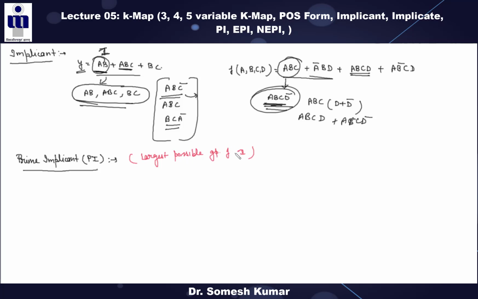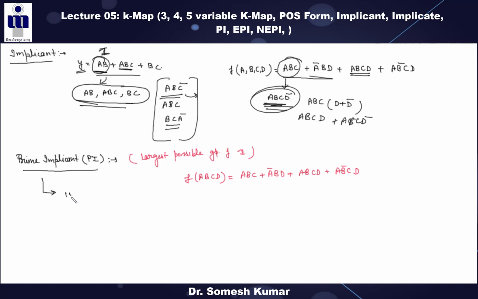So for example, from this example, here I am taking a similar example, these 4 variables, right? So prime implicant is an implicant of a function. So I am writing this particular statement here.